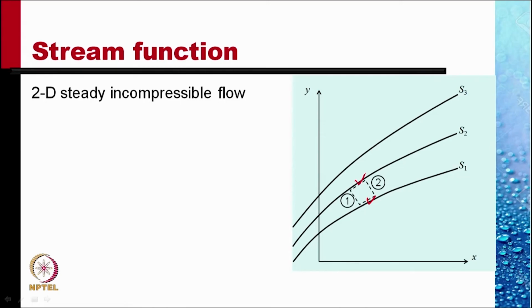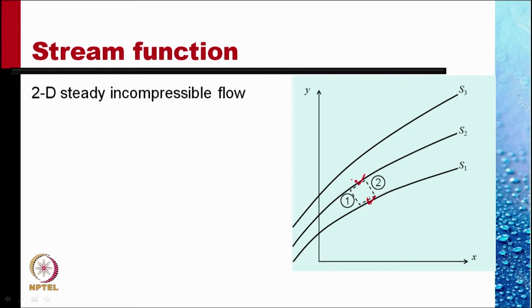Surface 1 is normal to the velocity, and so is surface 2. As you know, a streamline is a line which is tangential to the velocity. So there is no component of velocity across these two surfaces.